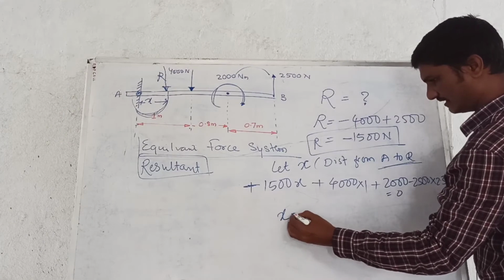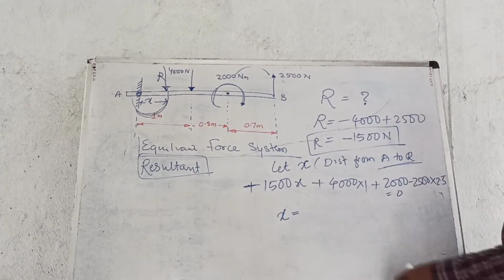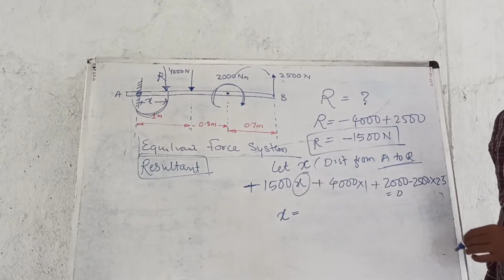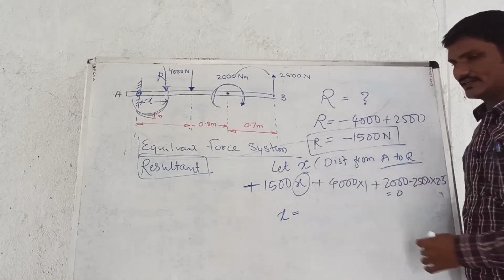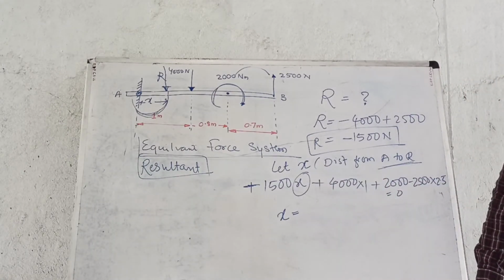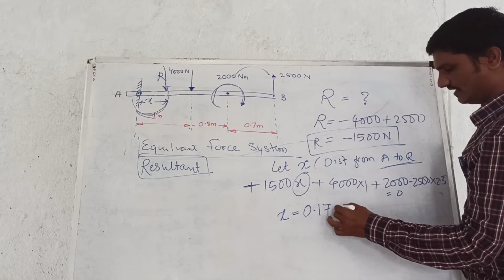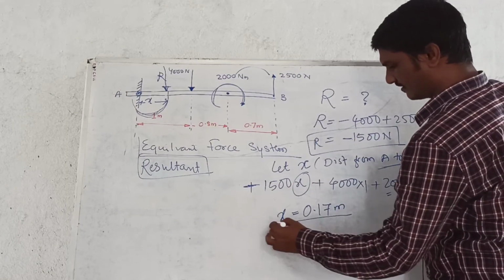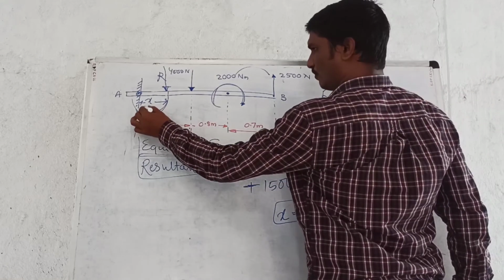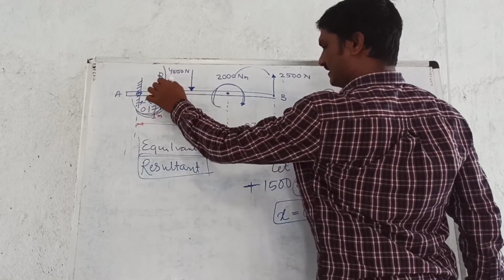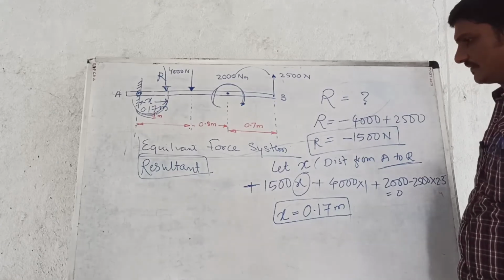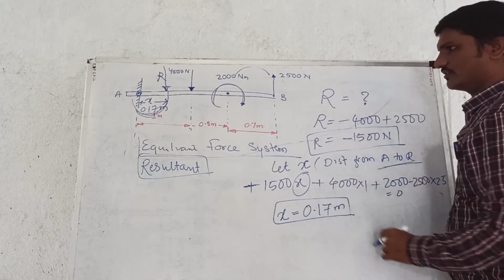Now calculate the X distance, because X is the unknown value here. We will find the X distance as 0.17 meter. So this is the distance where the resultant force is acting. Okay, so this is the equivalent system of forces.